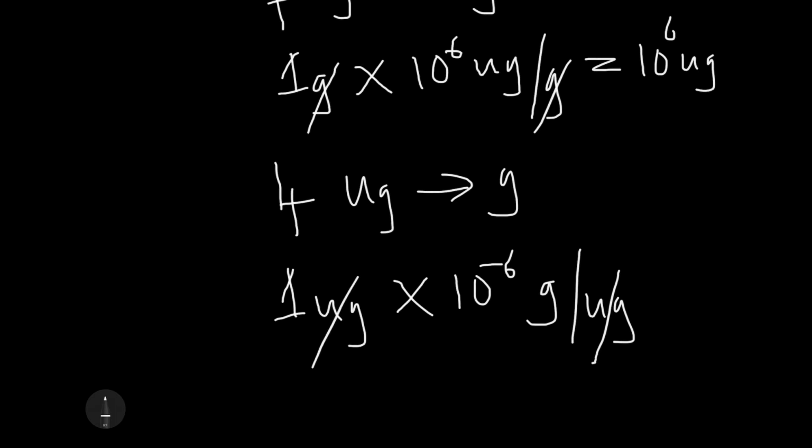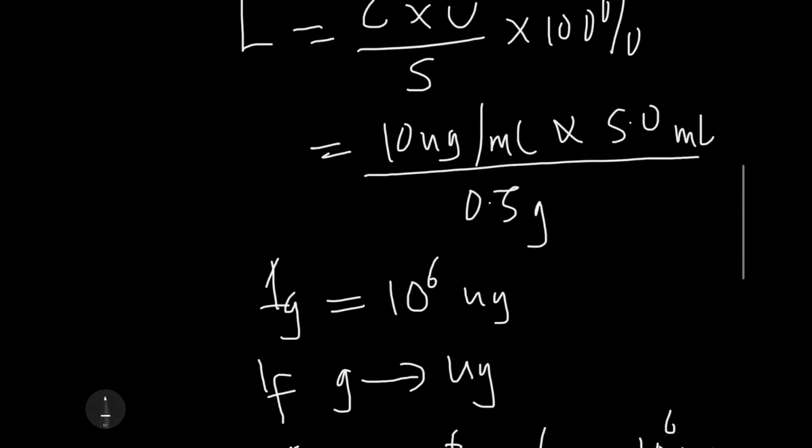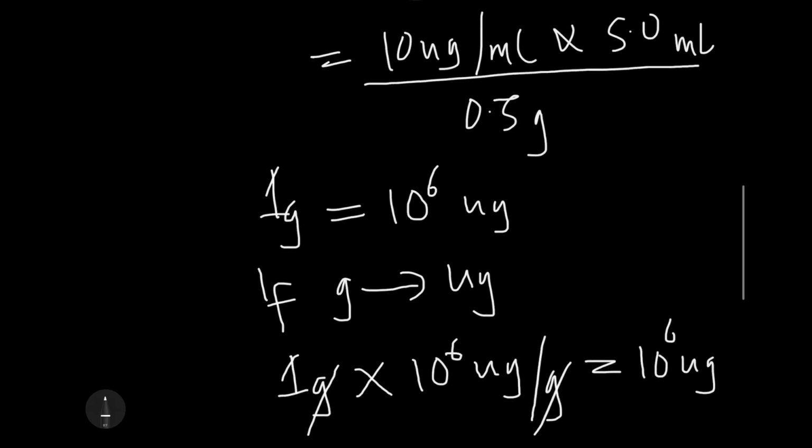Then the value in grams will simply be 10 to the power negative 6 grams. So this is the simplest way to convert these units. All right, let's get back to the question.